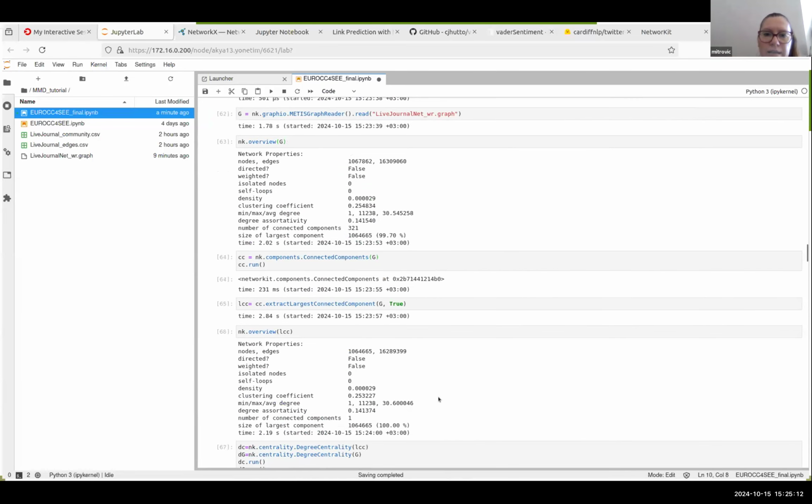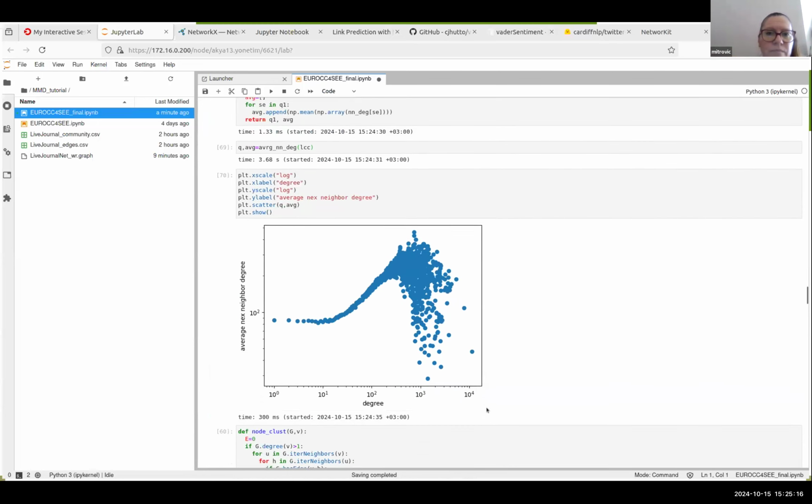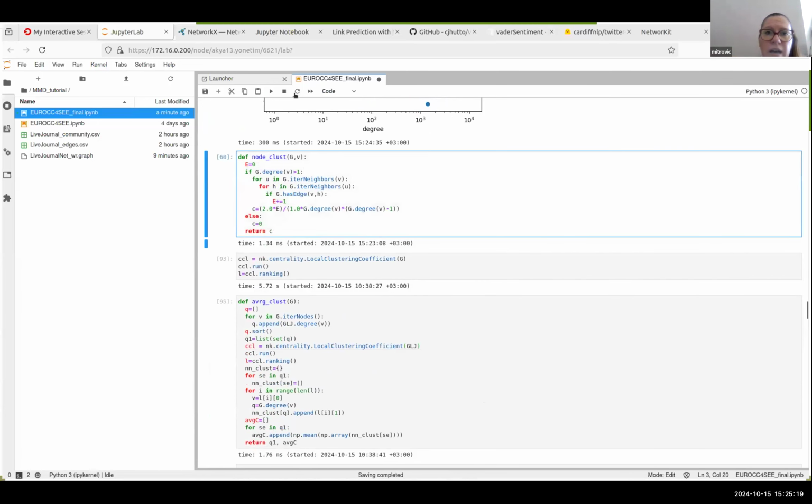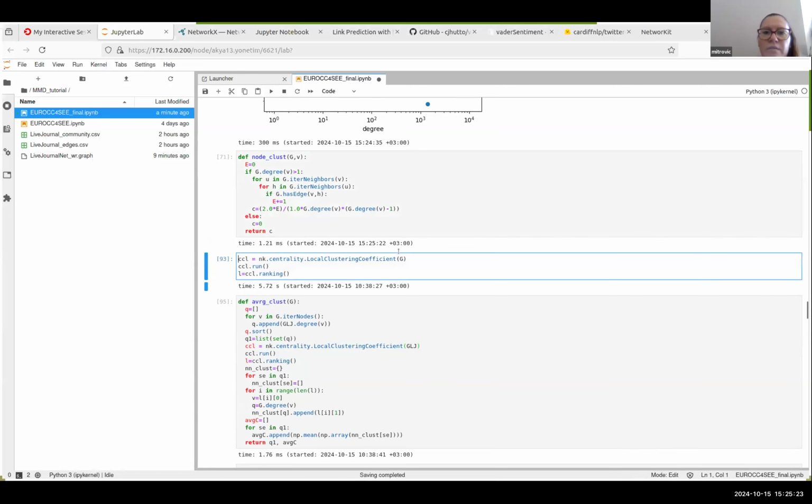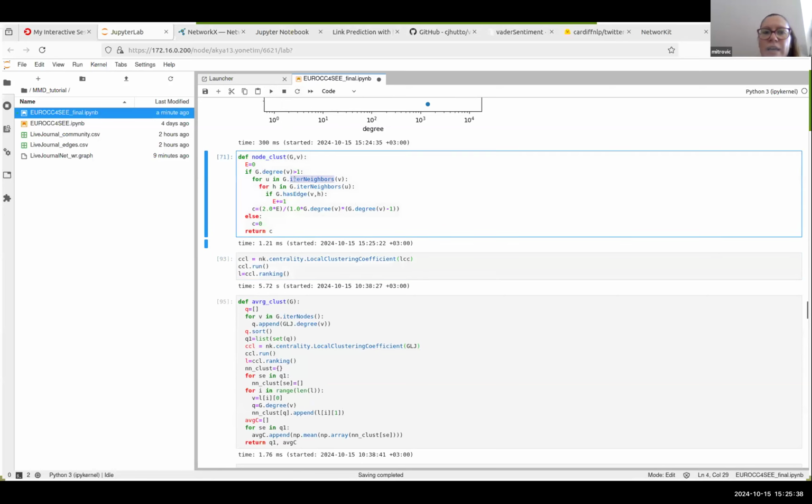Also, our network has a high clustering coefficient, and we can see how this clustering coefficient behaves with the degree of the node. So this is how we calculate the clustering of one node, okay?